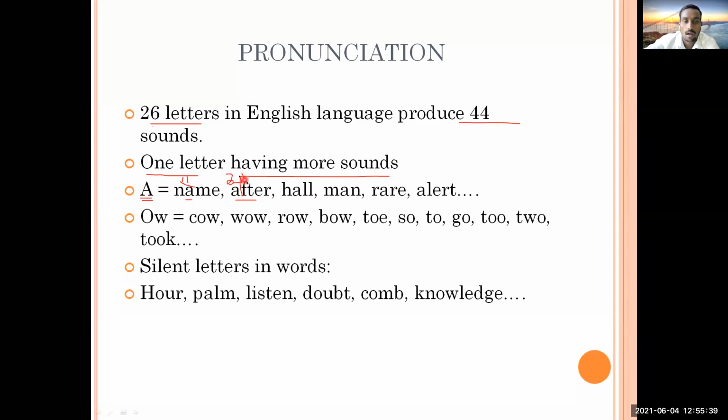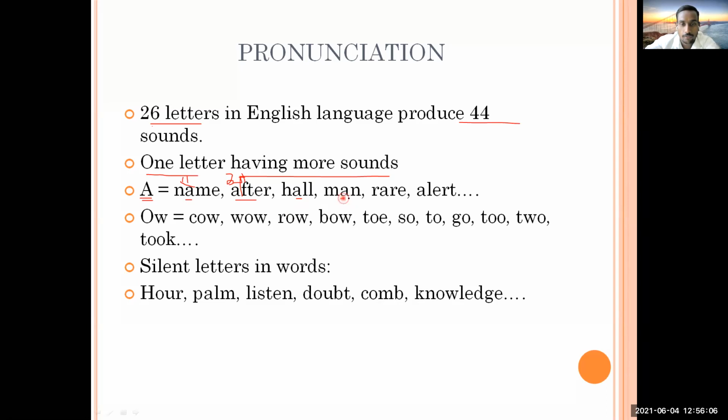After, we call it A sound. Now what sound is it? Which sound are you getting from the letter A? Yes, it is aw. We call it hall. There is an aw sound.